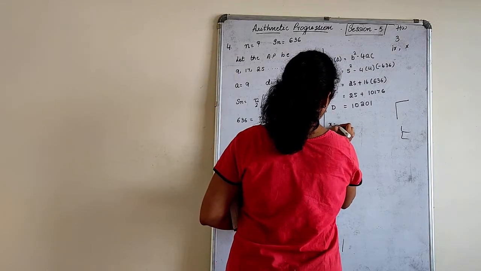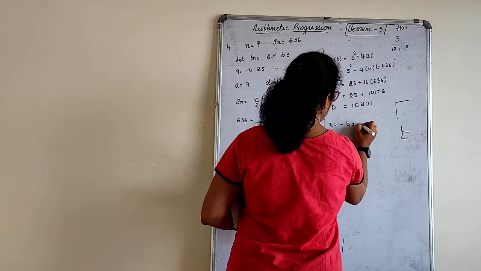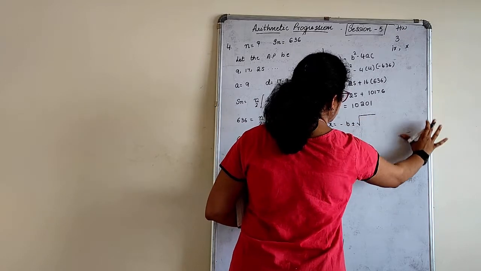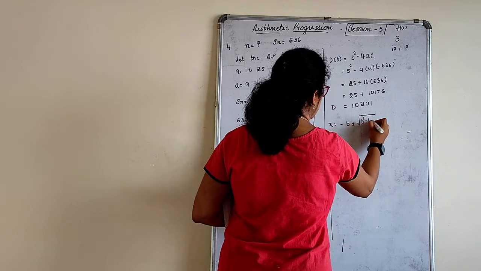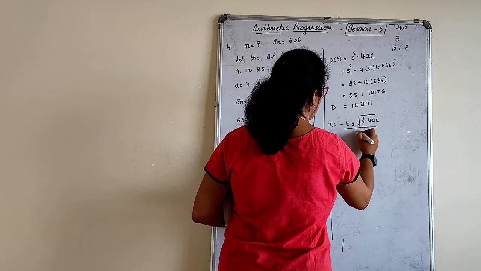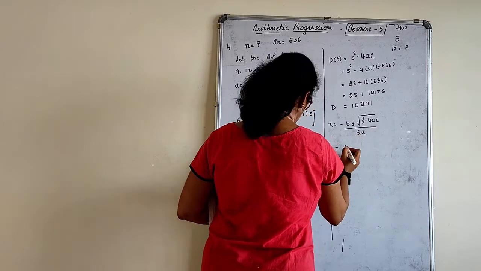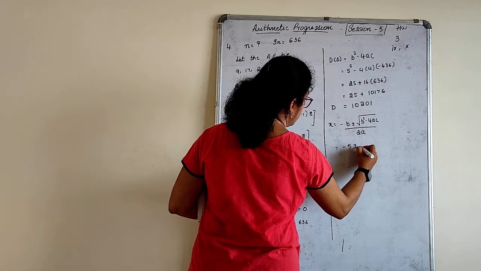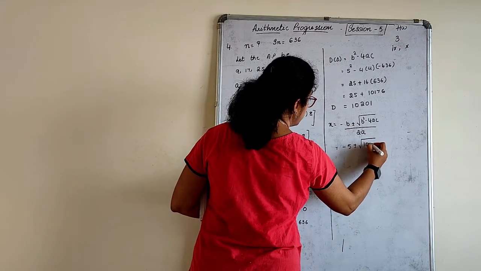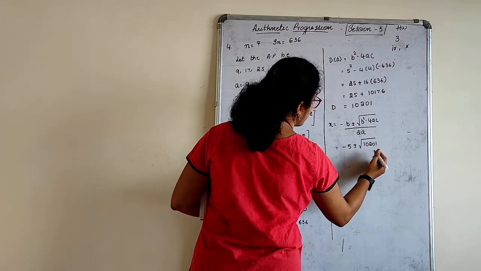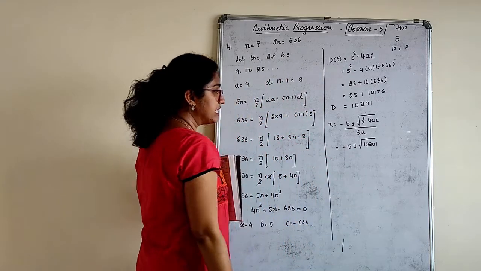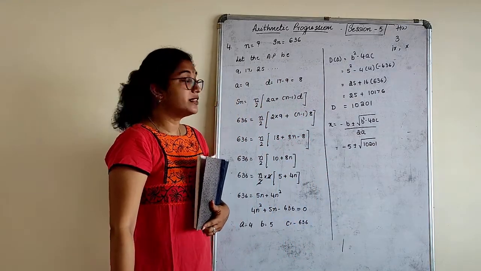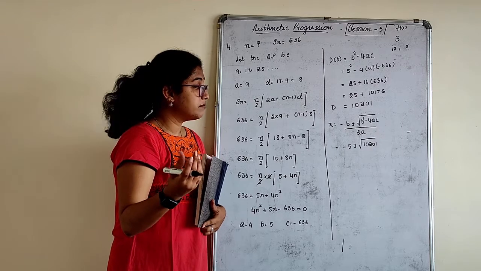So x is equal to minus b plus or minus root b square minus 4ac upon 2a. So what is your b? Minus 5 plus or minus root 10201.